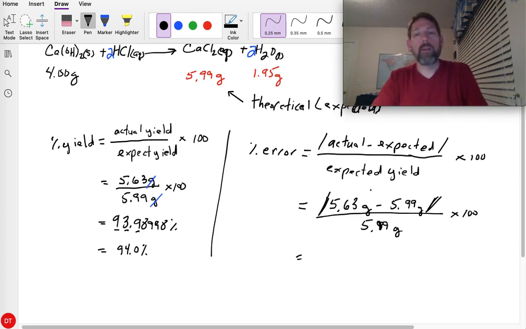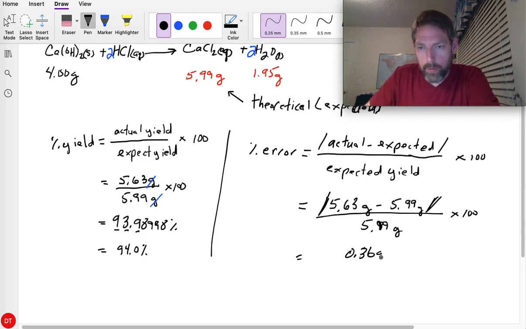All right, so we've got 5.99 minus 5.63. We just want the difference of the two. That's 0.36 grams. The absolute value is gone because all we do is take the difference of the two numbers. Divided by 5.99 grams, of course times 100.